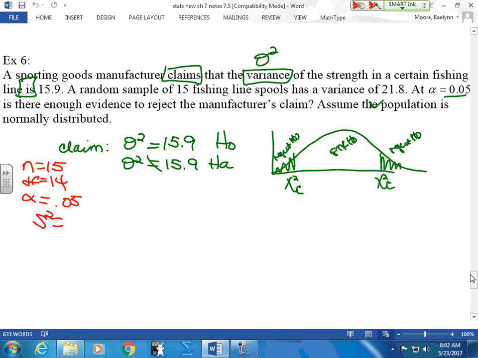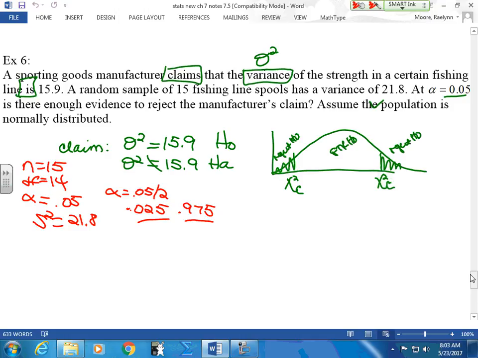So now we have two tails, so we have to take your level of significance and divide it by 2, same as we always did for our inverse norm and our inverse T. So we get 0.025. Now here's the catch. What's 1 minus 0.025? 0.975. These are the columns that we have to look at.